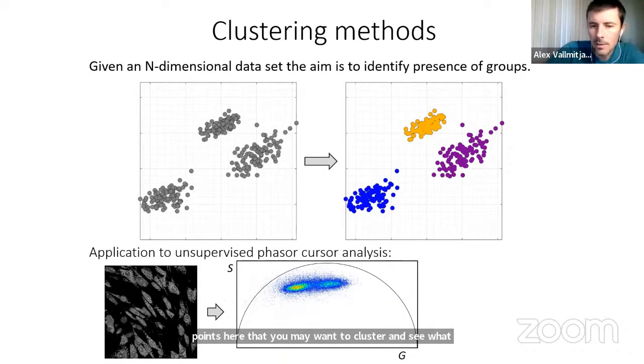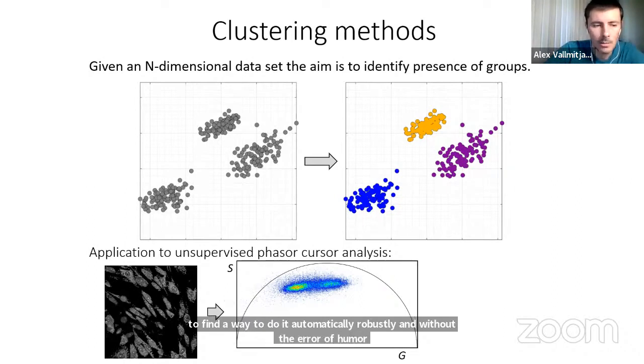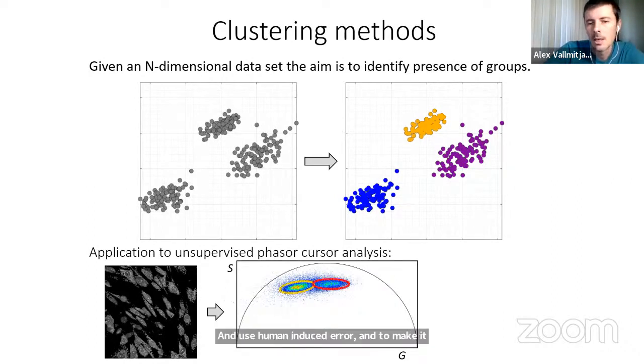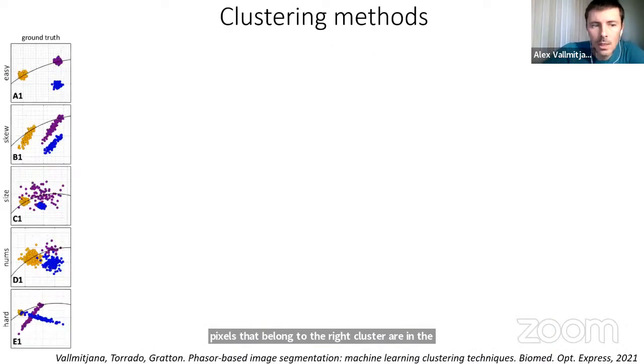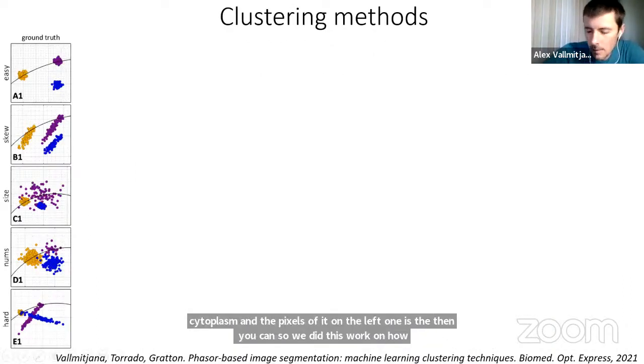Traditionally, people have done this manually, but it makes sense to find a way to do it automatically, robustly, without human-induced error, and to make it reproducible, right? In this case, you see 2 clusters, you go back to the original space and you figure out that the pixels that belong to the right cluster are in the cytoplasm, and the pixels on the left one are the nuclei.